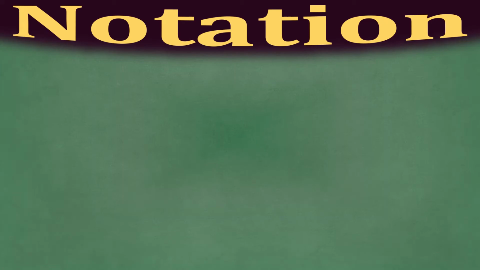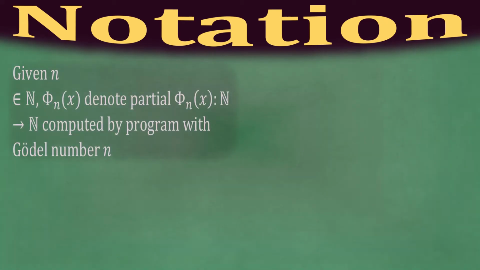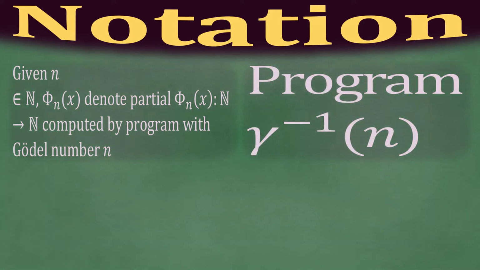Now, let's move on to giving some notation. Given n in the naturals, let phi_n(x) denote the partial function from the naturals to the naturals computed by the program with Gödel number n. In other words, the program is the inverse of gamma of n.